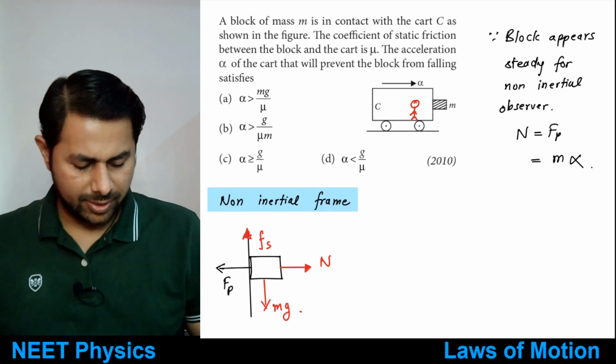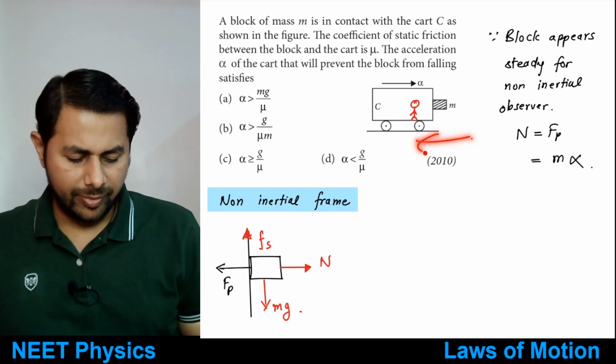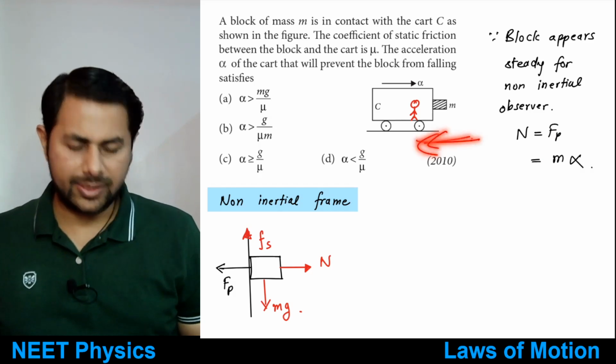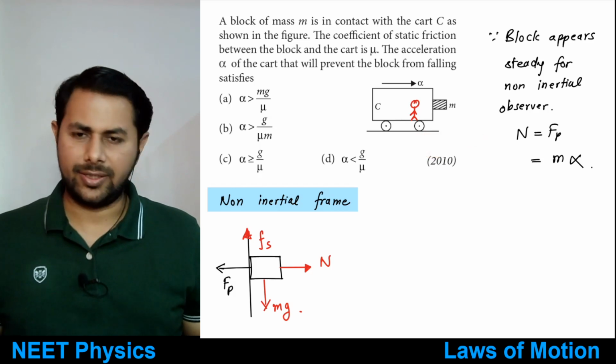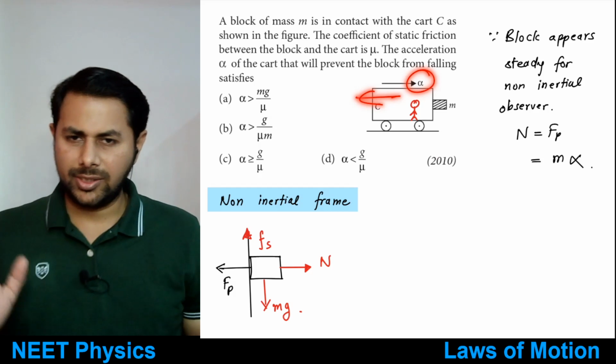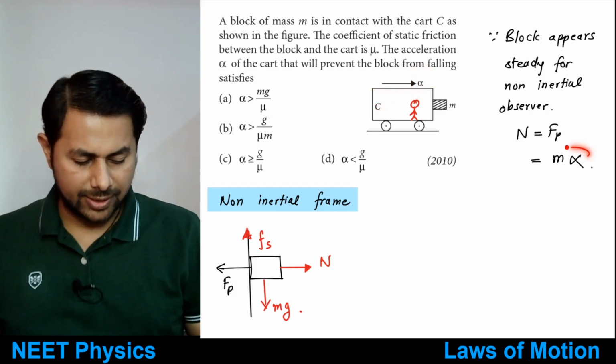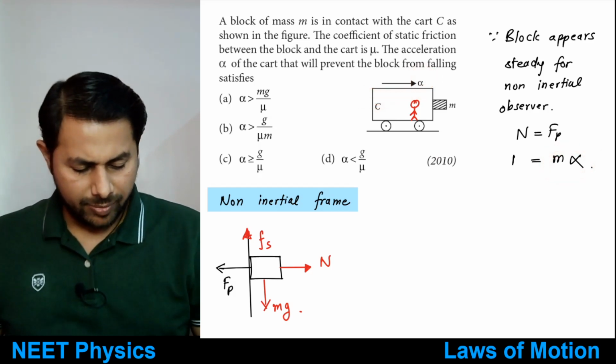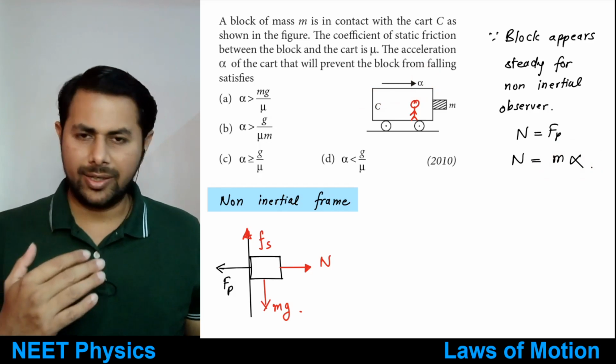Mass times alpha. For him, the world is accelerating in this direction, and they are steady, right? So what is the pseudo force? Pseudo force is just mass into acceleration. The normal reaction is mass multiplied by alpha.